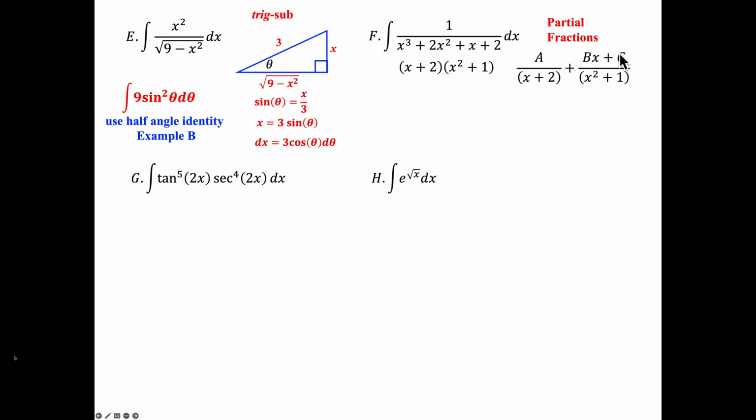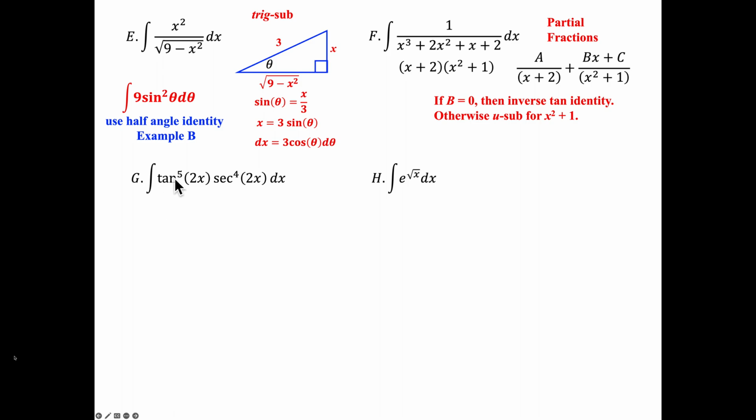Then solve for A, B, and C, and then integrate each one individually. Now, if B happens to be a 0, where you have a constant over x squared plus 1, you can use your tangent identity for that one right there. Otherwise, use u substitution because your x will be 1 degree smaller than your x squared.